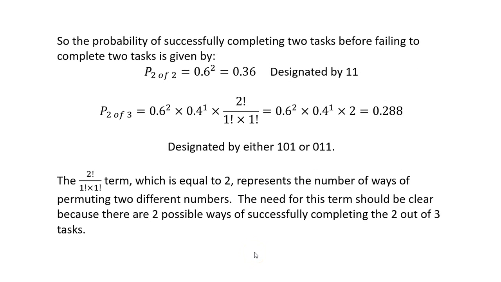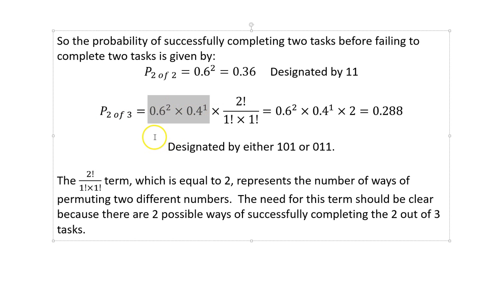Okay, so let's analyze this. The probability of completing 2 tasks before failing to complete 2 tasks is given by, first of all, the probability of achieving 2 out of 2, 2 in a row, 0.6 squared, if 0.6 is the probability of success, 0.36, or 2 out of 3. Now here, again, you have 2 successes and a failure, so the probability of doing that is 0.6 squared times 0.4, success, success, failure, but not necessarily in that order.